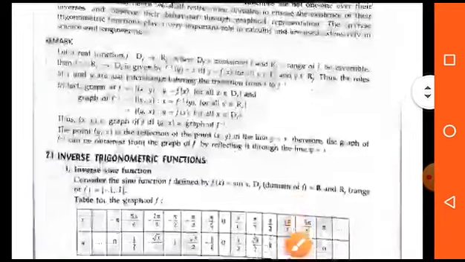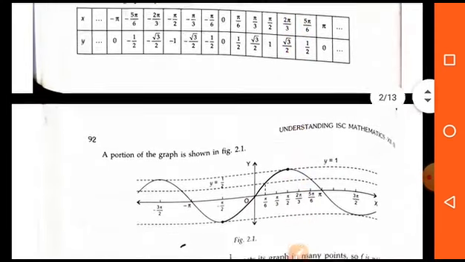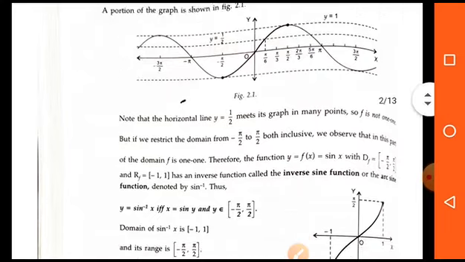Students, as you know, in the case of trigonometric functions, we generally study the trigonometric ratios like sine, cos, tan, sec, cosec and cot. But in this chapter, we will study the inverse trigonometry function, that means trigonometrical function in the inverse form.